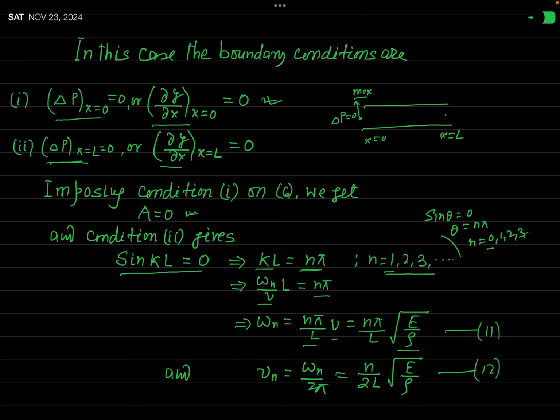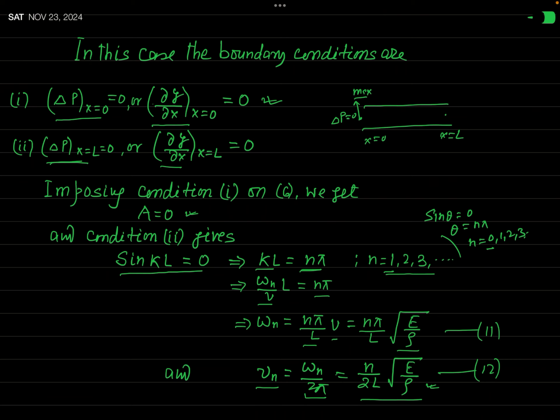Again, let us substitute the value of v, which is the square root of E over rho. So in this way we have obtained the angular frequency of the nth mode of vibration, and therefore the regular frequency measured in hertz, nu n, is given as omega n over 2 pi, and that will be equal to n over 2L times this much.